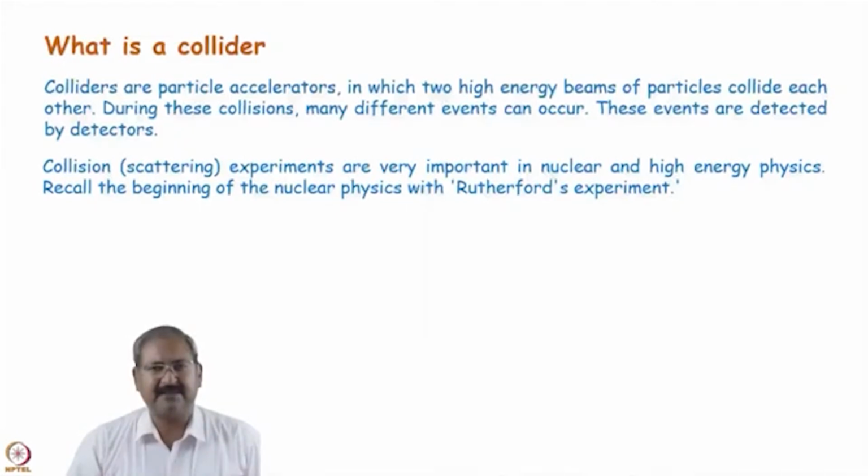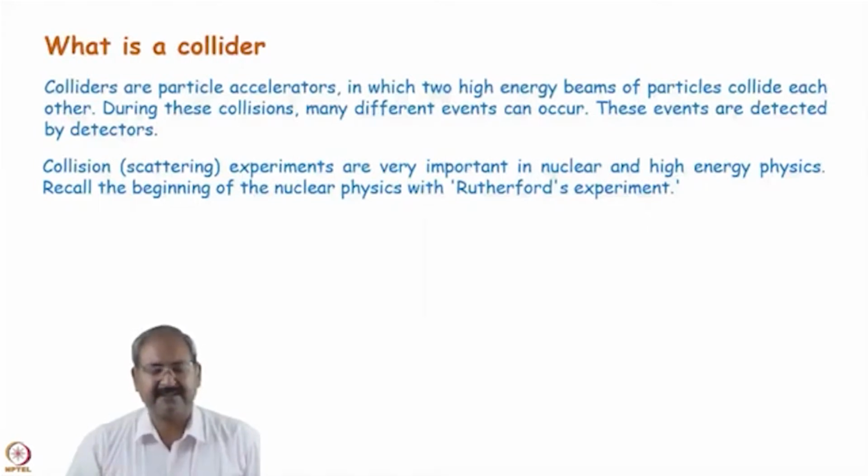Recall Rutherford's experiment. In Rutherford's experiment, he bombarded alpha particles on a gold foil, which means some type of collision experiment was there. With this experiment, he deduced the nuclear model of the atom.